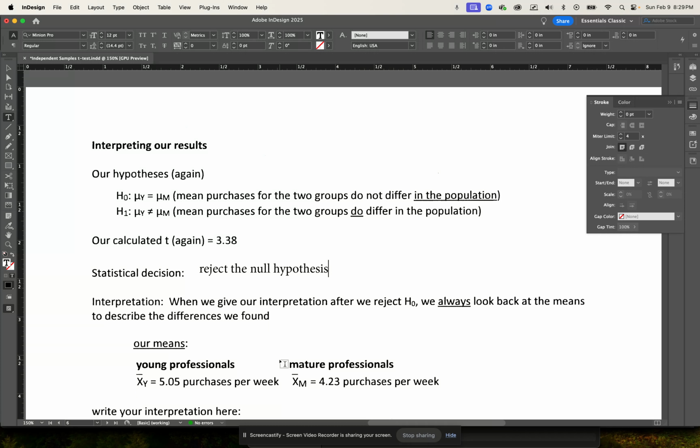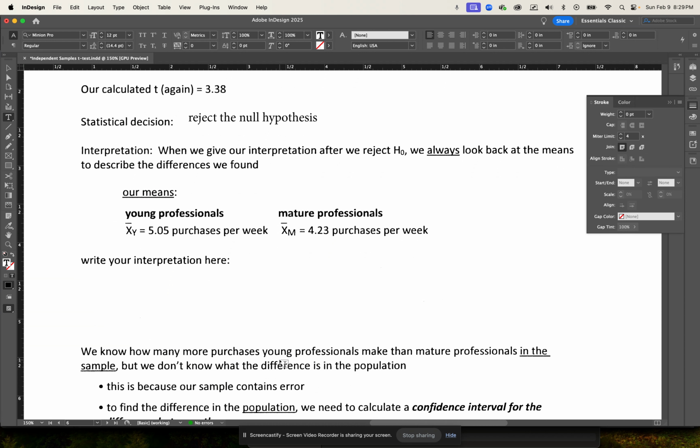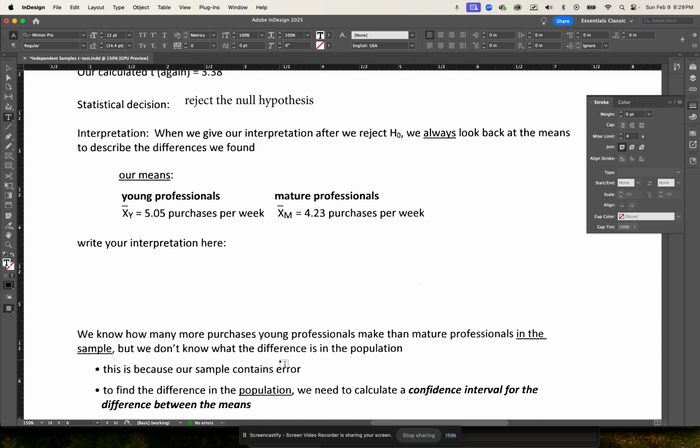So you have to go a step further. You have to write your interpretation or share your interpretation. And this is what it's going to be. So looking at our sample here, we see that young professionals do purchase more than mature professionals.